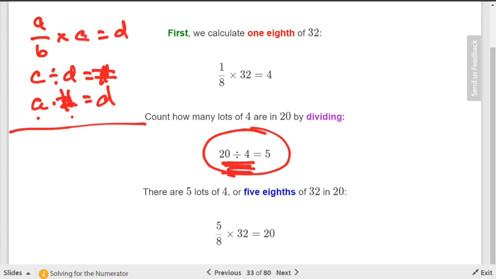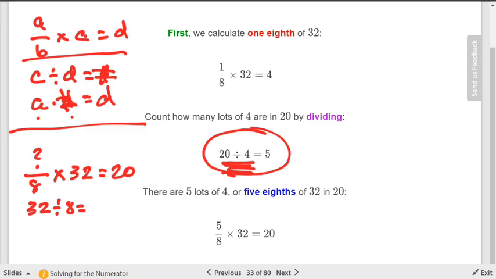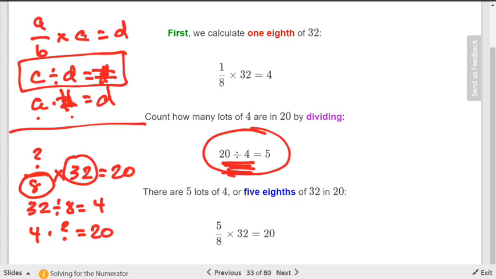If we know the pieces. But now we don't know all the pieces. We need to find them. So if I have a question mark over 8 times 32 equals 20, I can still do the 32 divided by the 8 part, right? This part I can still do because I know the number I'm taking a fraction of. I know the number I'm dividing by. So I can still divide that just like I always did. And what does that give me? 4. And then I would take that 4 times something to get 20, right?